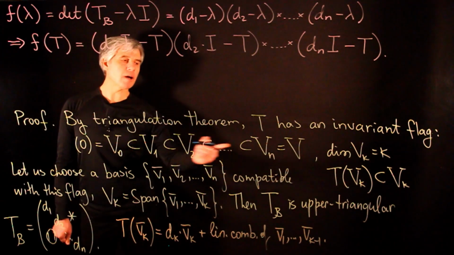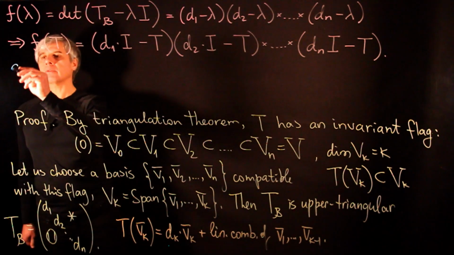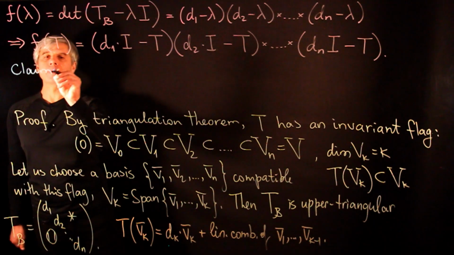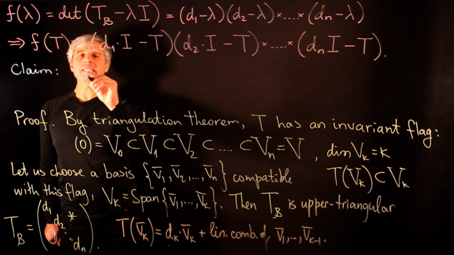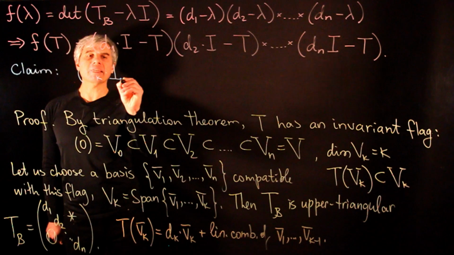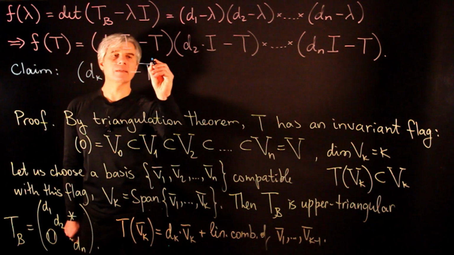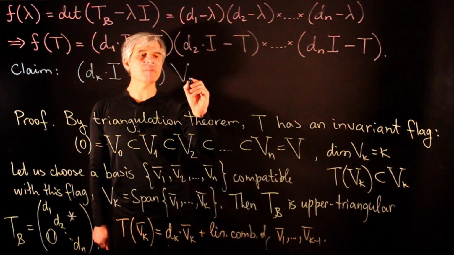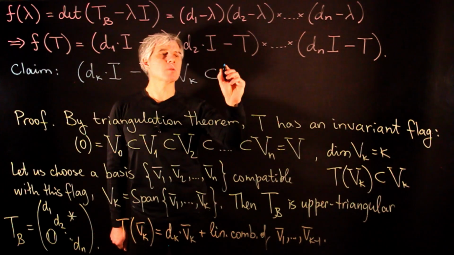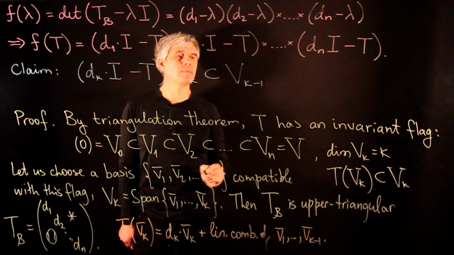Now let us look at our flag. So we make the following claim, that dk times identity minus T acting on the space Vk brings us to the space V(k-1).